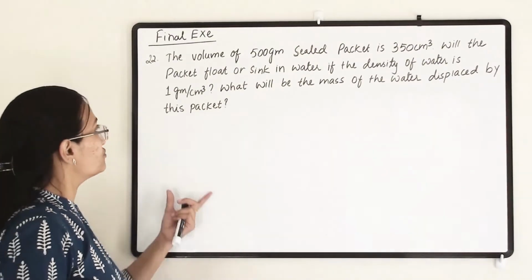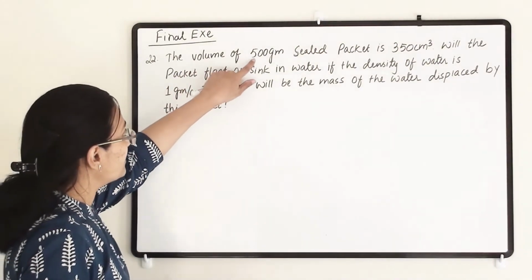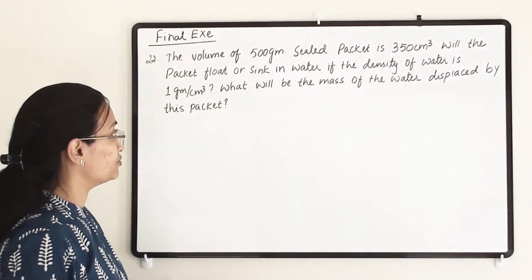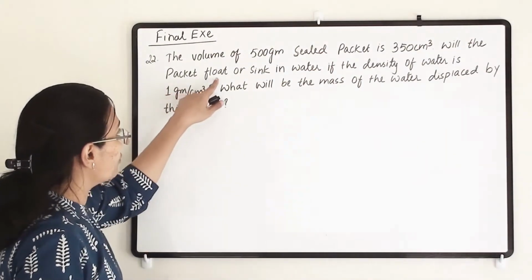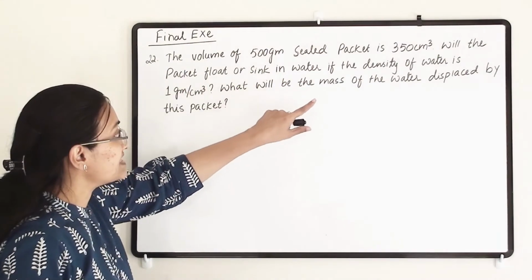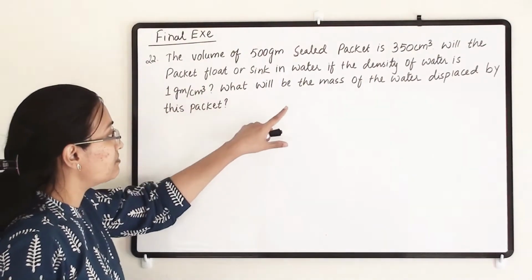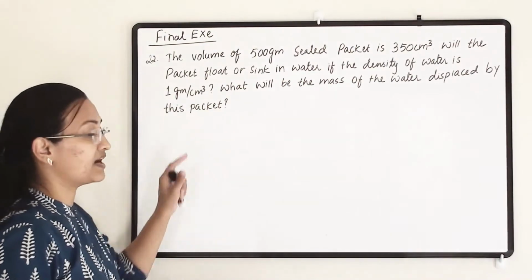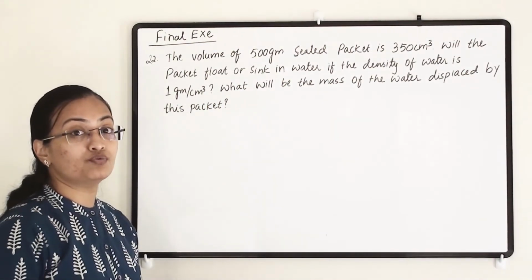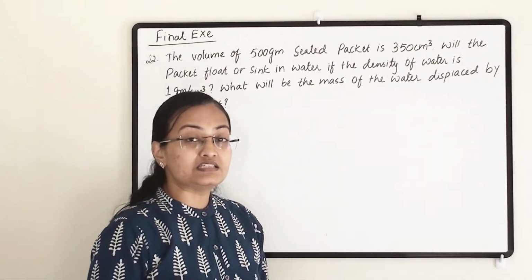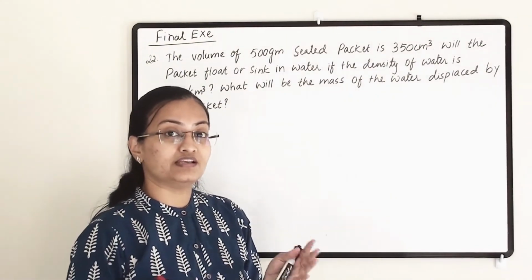Question number 22. The volume of 500 gram sealed packet is 350 centimeter cube. Will the packet float or sink in the water if the density of water is 1 gram per centimeter cube? What will be the mass of water displaced by this packet? So here we have to compare the density, because if the packet's density is more compared to water, then it will sink.